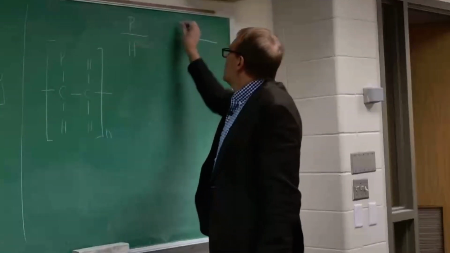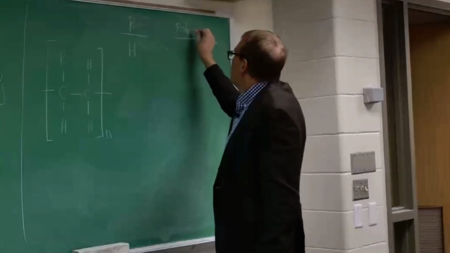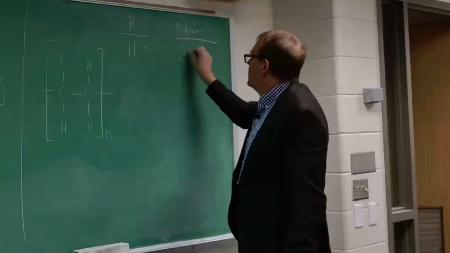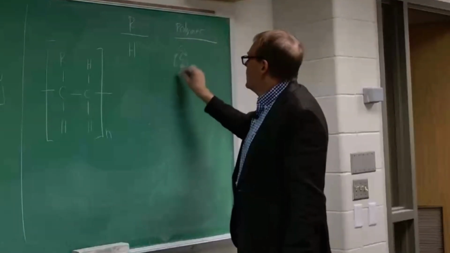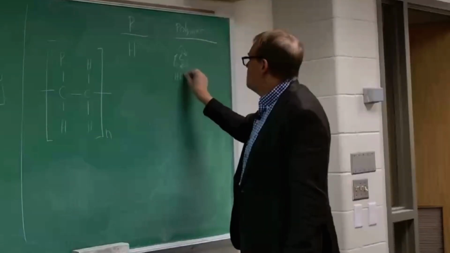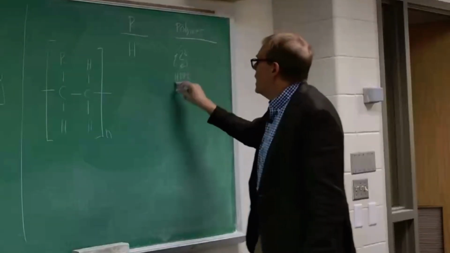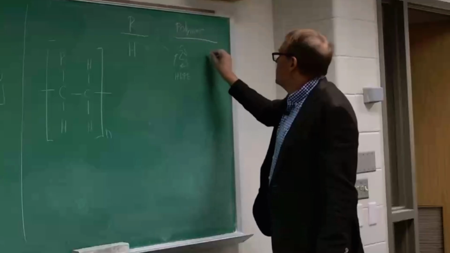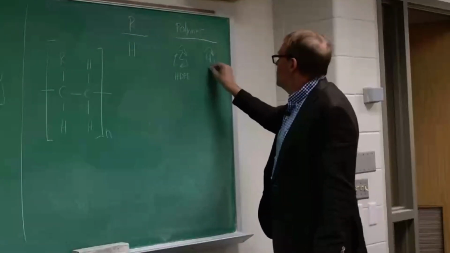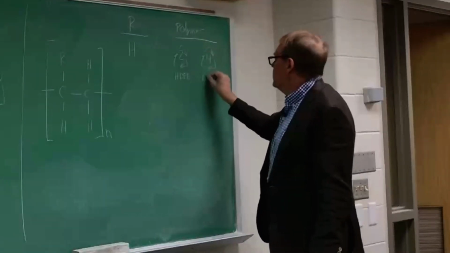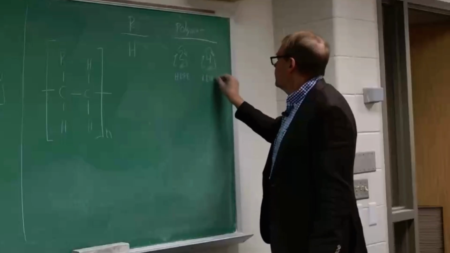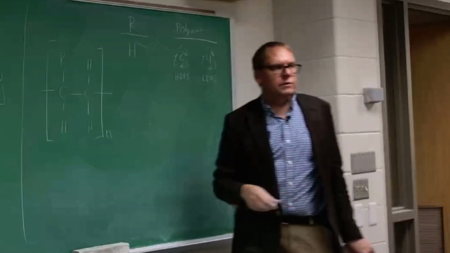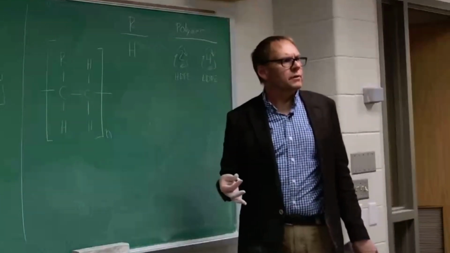hydrogen, the polymer is either 2, that's HDPE for high density polyethylene, or 4, LDPE for low density polyethylene, and they're not exactly the same. There's subtle structural differences.